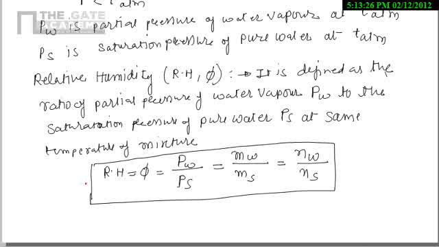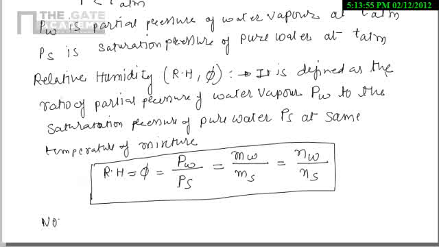Already discussed that the atmospheric air is unsaturated air at atmospheric temperature, and it becomes saturated when the partial pressure of water vapor will be the saturation pressure of pure water at atmospheric temperature. So by this way we can say that the relative humidity for saturated air will be 100%.